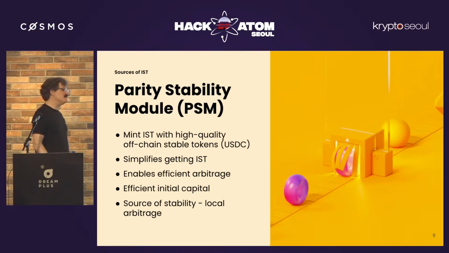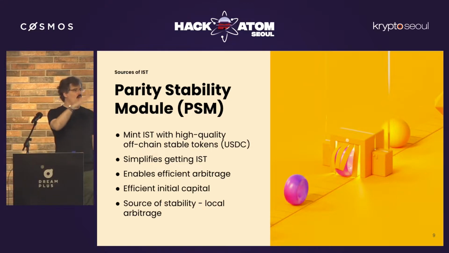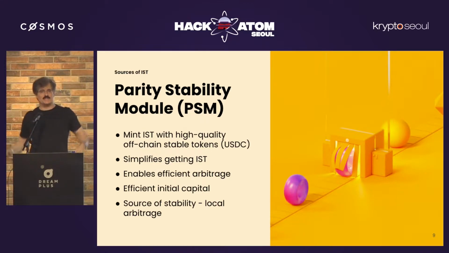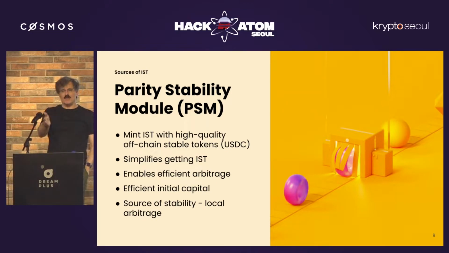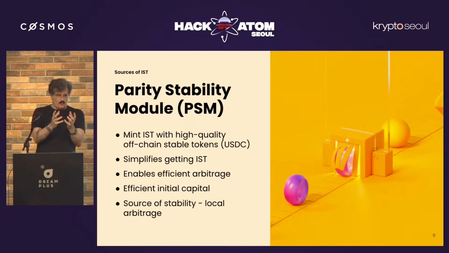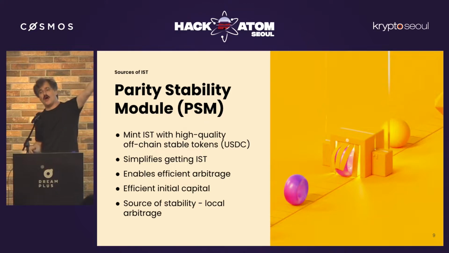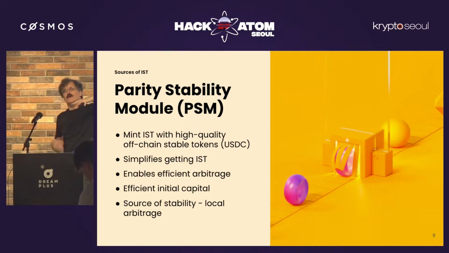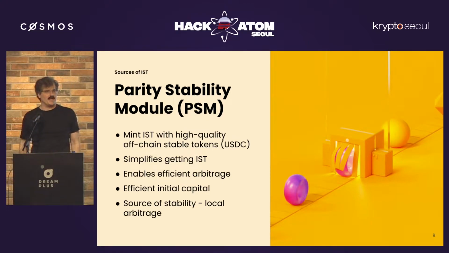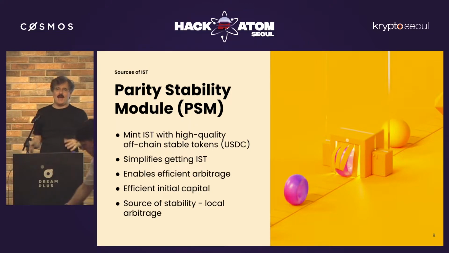Okay? Then the next element of this overall set of contracts that work together is the Parity Stability Module. So we see these systems like MakerDAO, which has the ability to take USDC, bring it over, convert it to DAI, and it sloshes back and forth depending on whether people are long on assets, where they bring ATOM, borrow against it, or mint stable token against it, or whether they're selling it and now people with USDC want to go and pick up the ATOM, right?